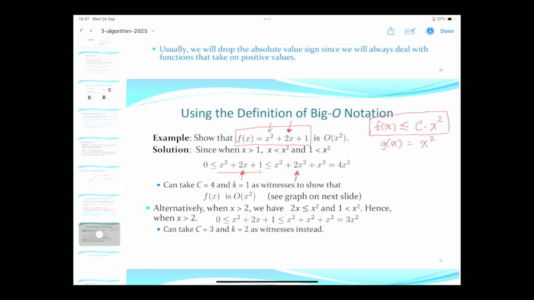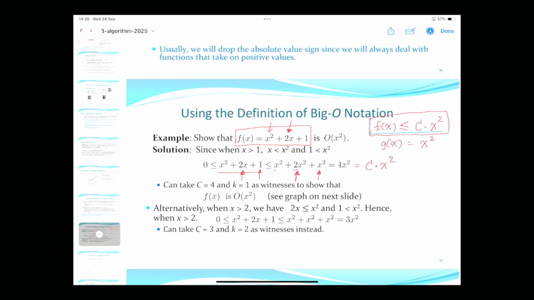And the last term, 1, is simplified to be less than or equal to x squared. Why do we do it this way? Because we just want to come out with a constant times x squared. The constant would be the summation of 1, 2, 1, something like this. That's why we simplify each term as a constant times x squared.